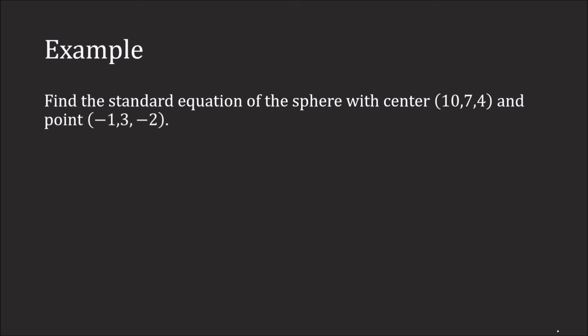All right, so the first thing we need is the radius. The radius is the distance from the center to the point. So it'll be negative 1 minus 10 squared, so it's negative 11 squared, plus 3 minus 7, so negative 4 squared, plus negative 2 minus 4, so negative 6 squared.